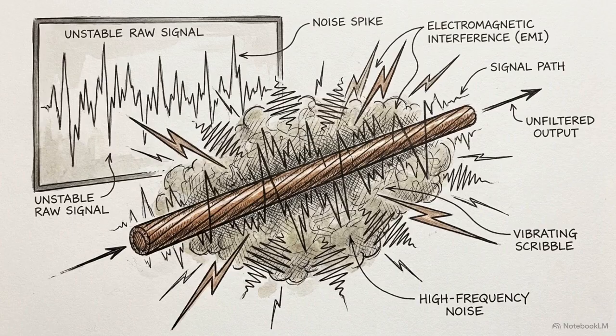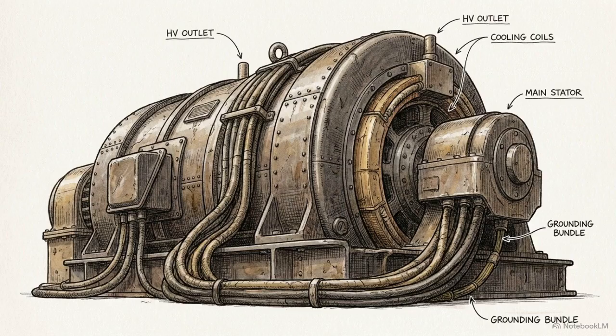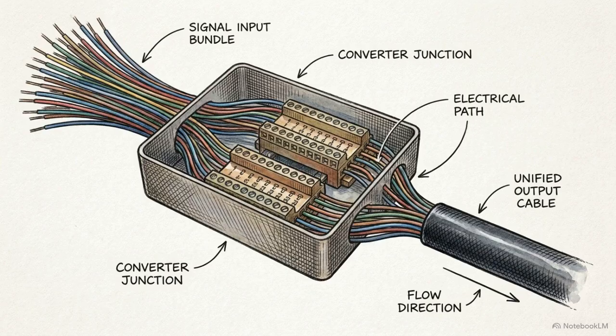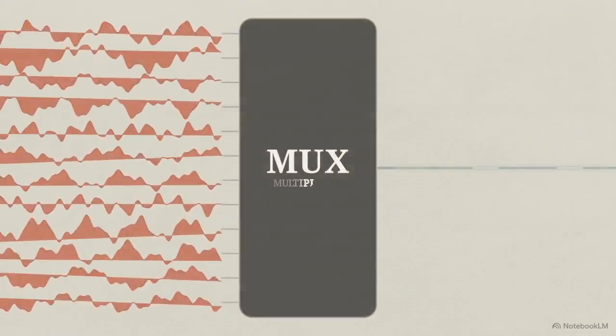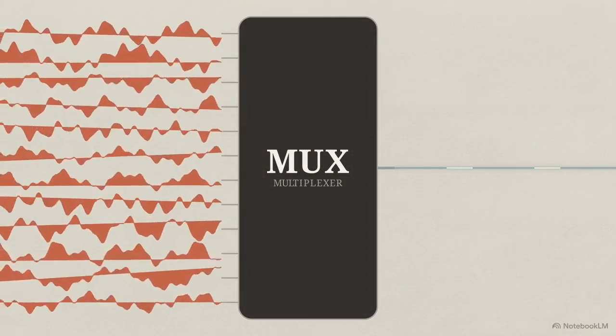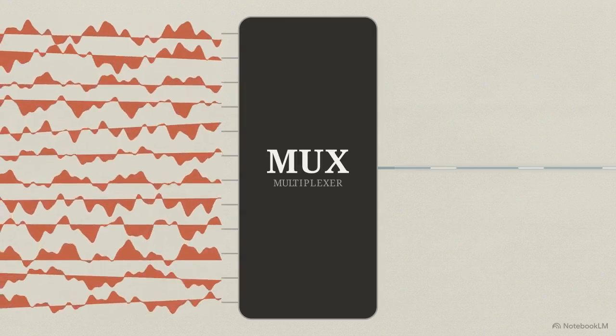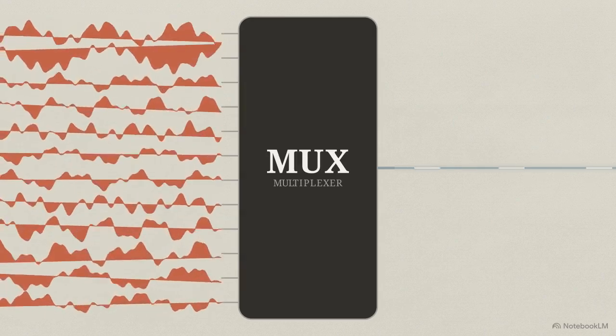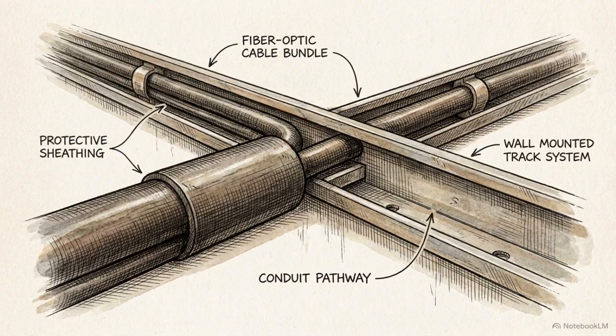That raw analog voltage is rarely ready for a computer. It is usually far too weak or packed with chaotic electrical noise from the surrounding industrial environment. To organize this efficiently, engineers use multiplexers. These hardware components gather dozens of distinct analog sensor signals and funnel them into a single processing pathway, cutting down on massive amounts of wiring and cost.